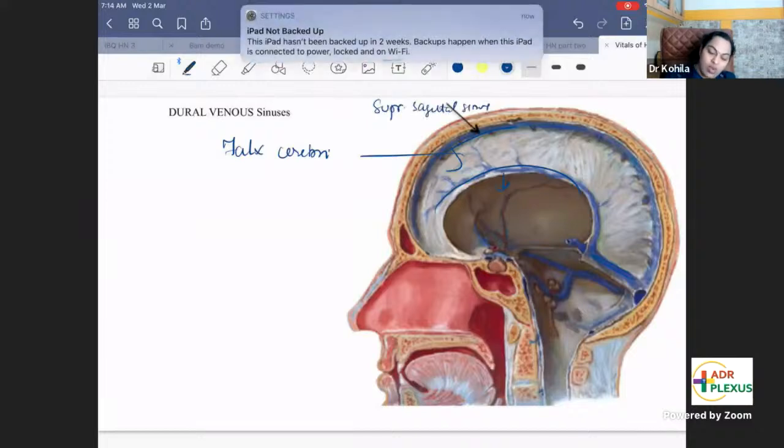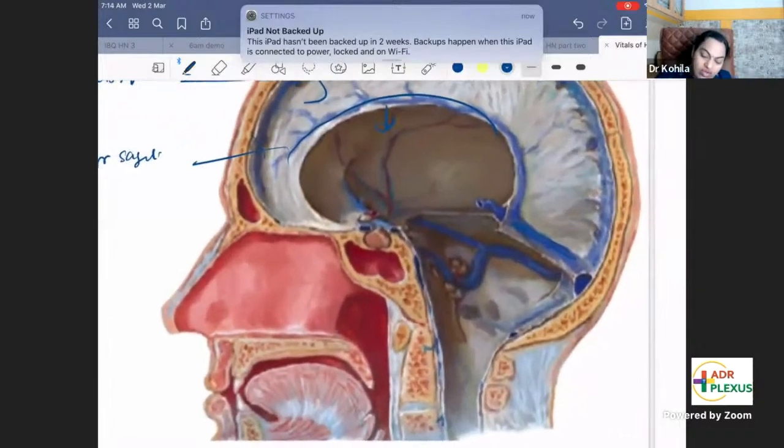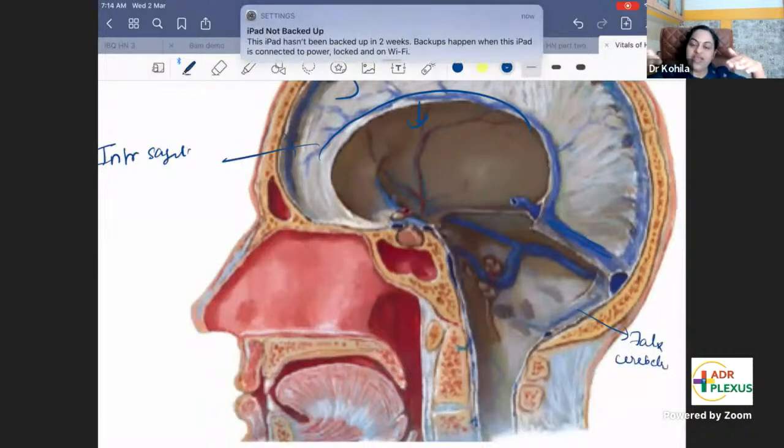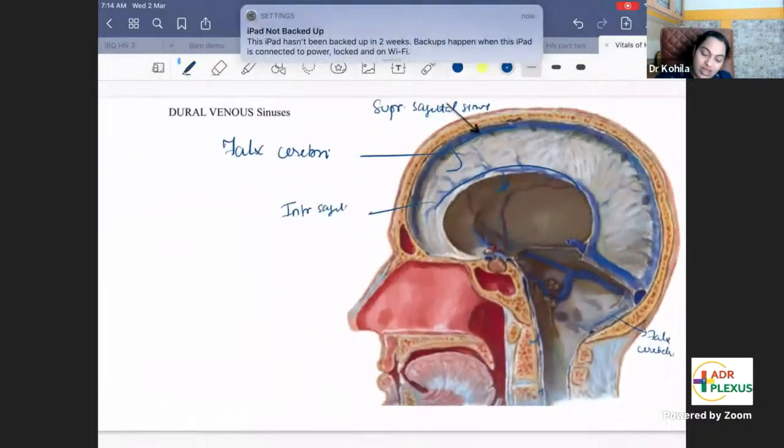The one here on the inferior border is the inferior sagittal sinus. This dural fold here is the falx cerebelli, between the two cerebellar hemispheres, and that will have the occipital sinus.